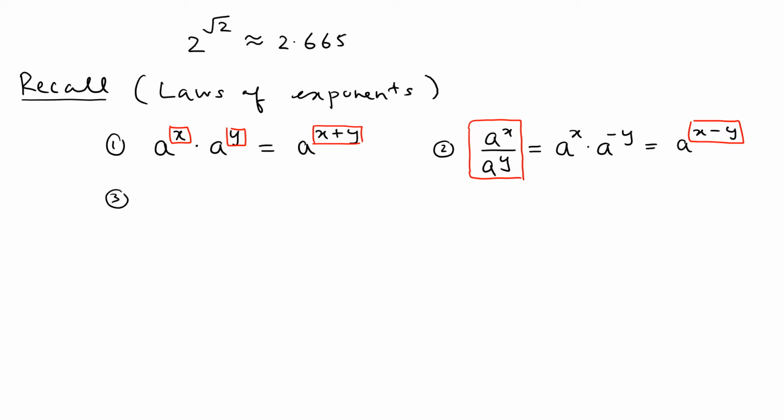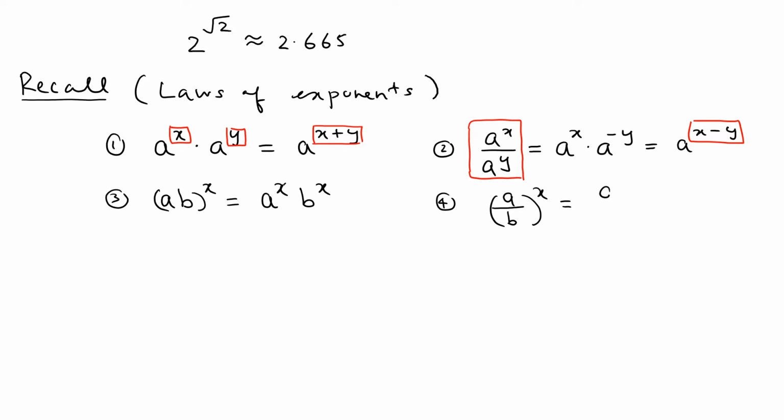Good. And then number 3, you have a product to a power like this. So this is a to the x times b to the x. And then number 4, the same thing with division.